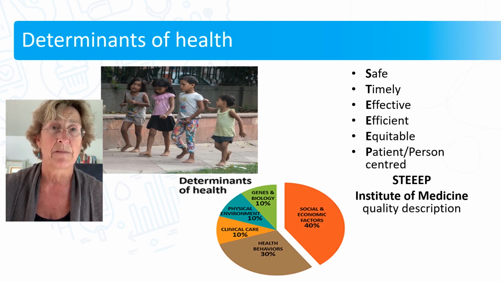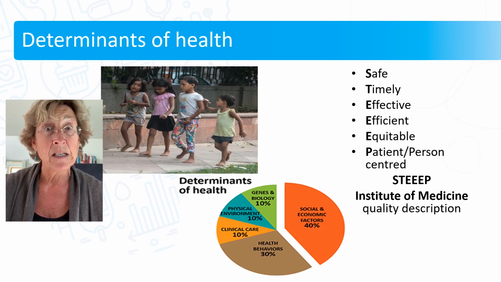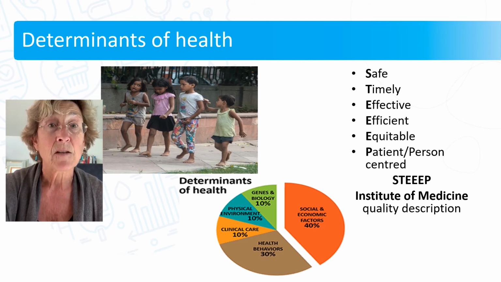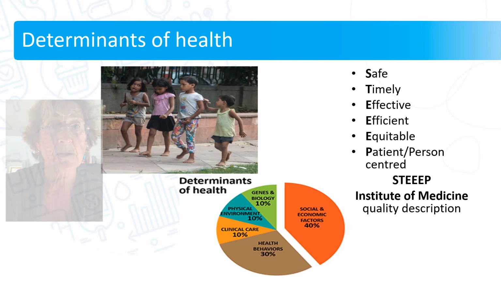We call that the STEEEP curve, because it is a steep curve to address all of those. No point in making it safer, but forgetting about equity or person-centeredness. So it's an important consideration to have when you're working in complex systems.